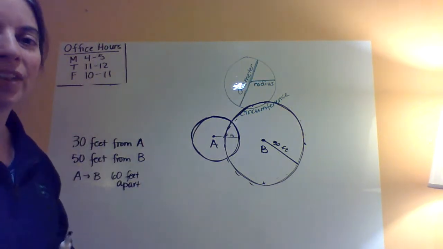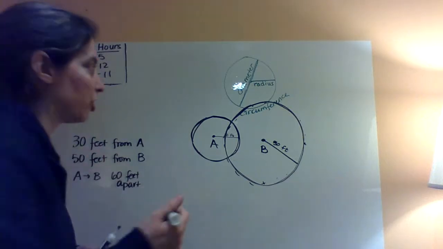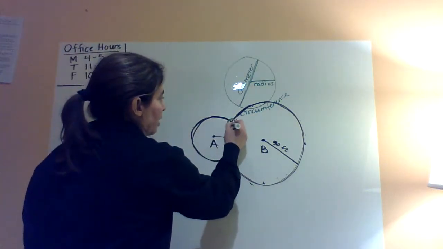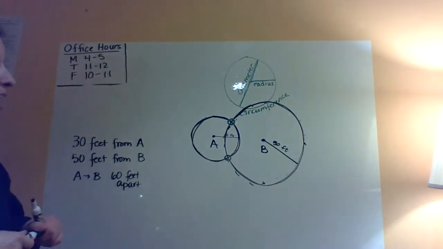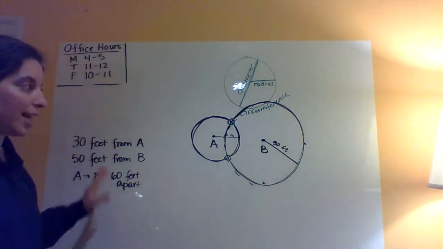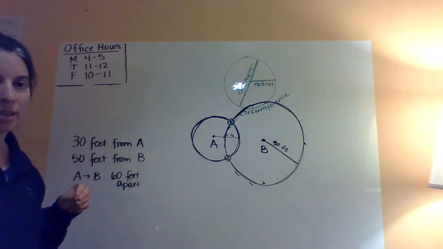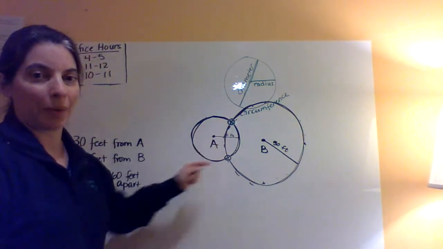So hopefully you're kind of seeing by now there are 2 points that make both of those true. One is right here, and one is right here, right? Those intersections are where those are true. So in this case, we know we can't tell exactly where the treasure is, but we know it has to be one of these 2 places, okay?